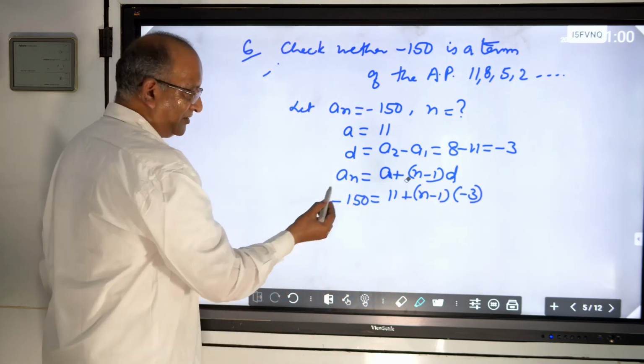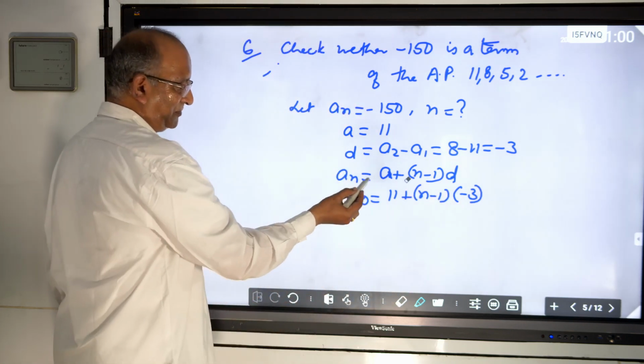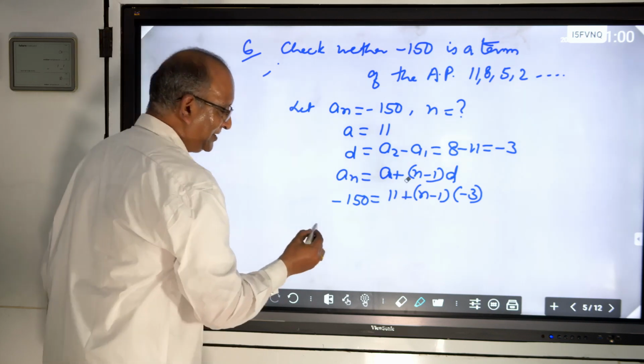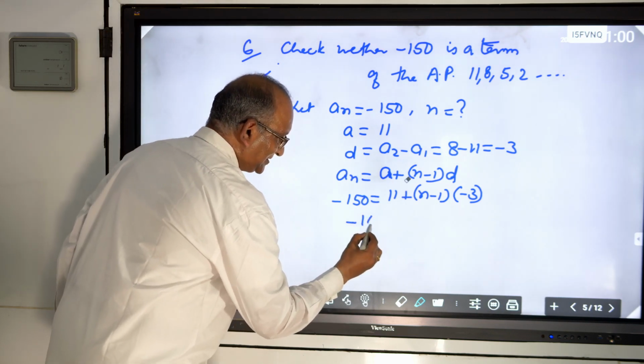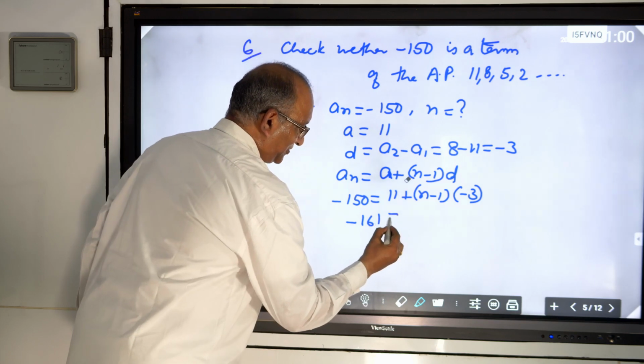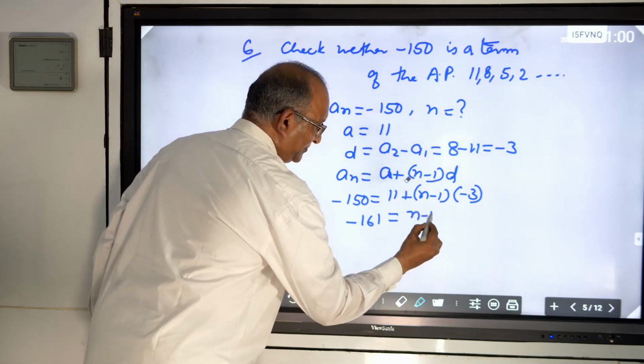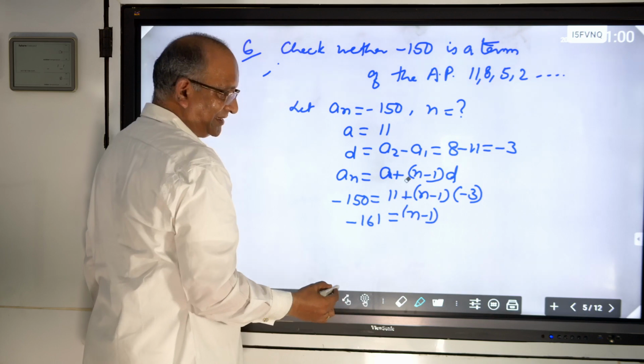How do you solve it? First get 11 this side. If you bring 11 this side, it will become minus 11. As a result, it will become minus 161 equal to n minus 1 into minus 3. And remember, this minus 3 is in multiplication.